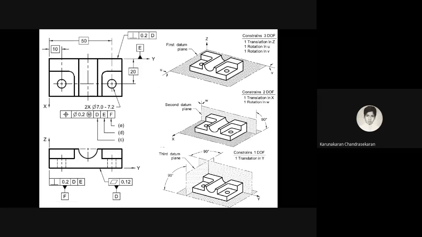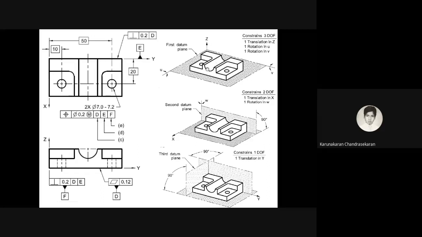Now, if you observe the Cartesian coordinate system, x, y, z, and u, v, w, you can see it can rotate. This particular component can rotate about which axis? It cannot rotate about which axis?